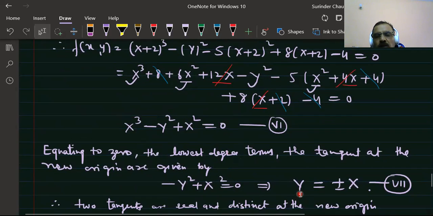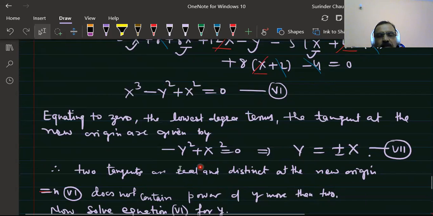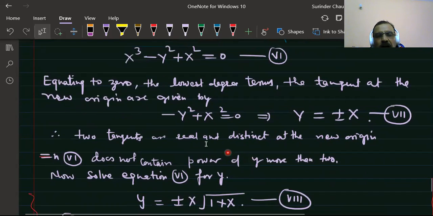So the tangents come out to be y is equal to plus or minus x. This decides that the tangents are real and distinct. So again we can conclude that it is a node. Real and distinct tangents.